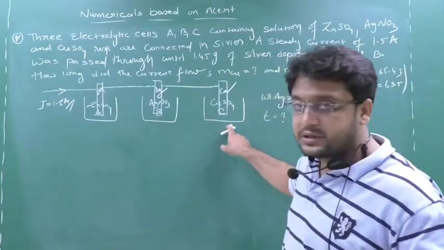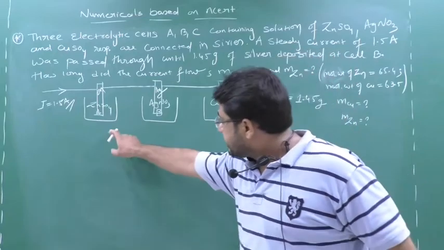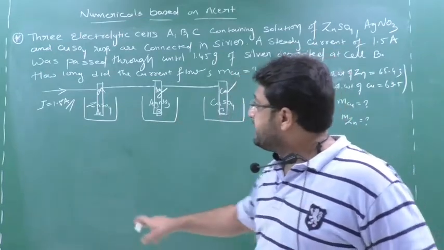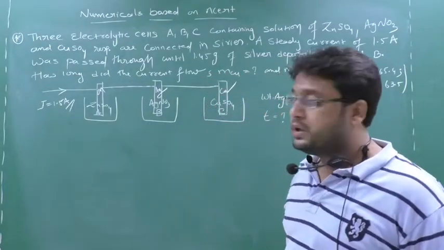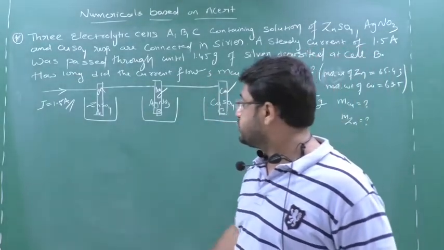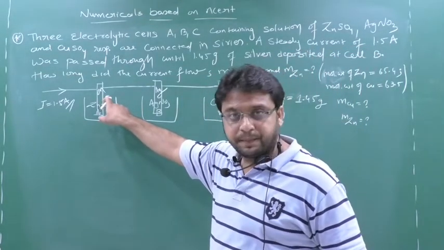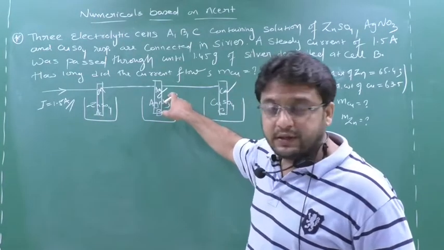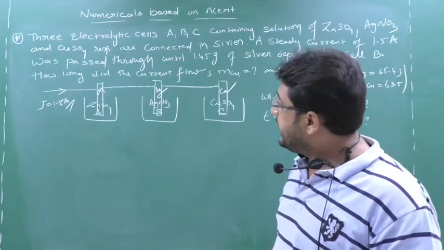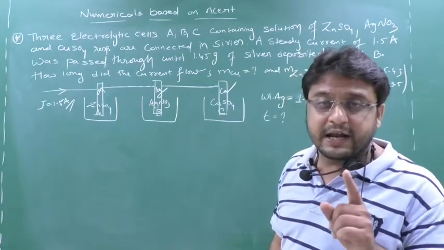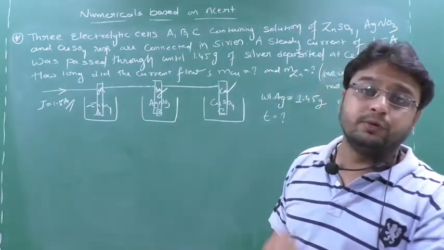See here, I have 3 cells connected in series, and the same current is passing through each electrolytic cell. So the mass of the metal deposited: here zinc will deposit, here Ag will deposit, here copper will deposit. The mass of the metal deposited at each electrolyte is directly proportional to their equivalent weight.